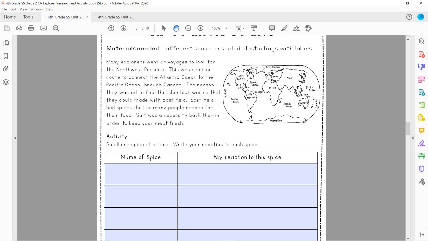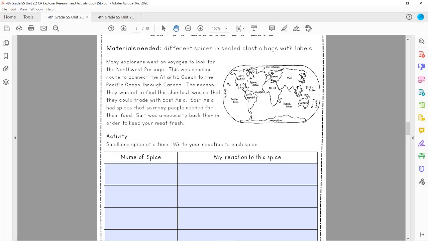So when they were traveling through Asia and the eastern part of the world, they would come across different countries that had very unique spices, and they would trade those with the native people that lived in those regions, and it would help them to gain more spices that they could take back home to their own countries.